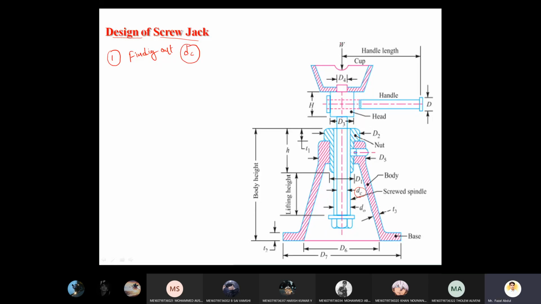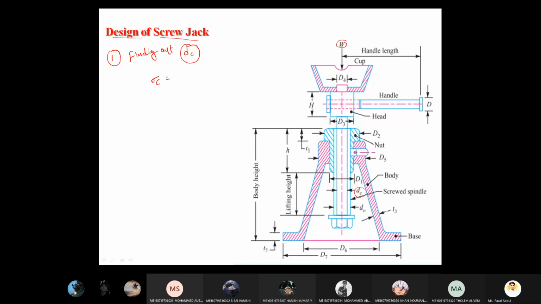See here, the load is applied here. Whatever part we are lifting is placed here while rotating the handle. So the load acts vertically downward on the screw jack, and that is why the screwed spindle is subjected to compressive stress.